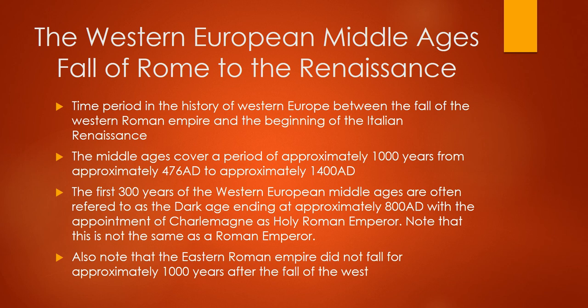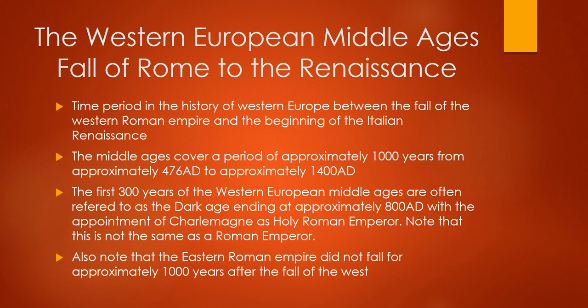The barbarians are invading from the north, and the Roman Empire just falls apart in that time period. Those 300 years, from about 476 through about 800 AD, end with the coming to the fore of a guy named Charlemagne. Charlemagne becomes the leader of the Franks, and around that time, Charlemagne is appointed the Holy Roman Emperor.